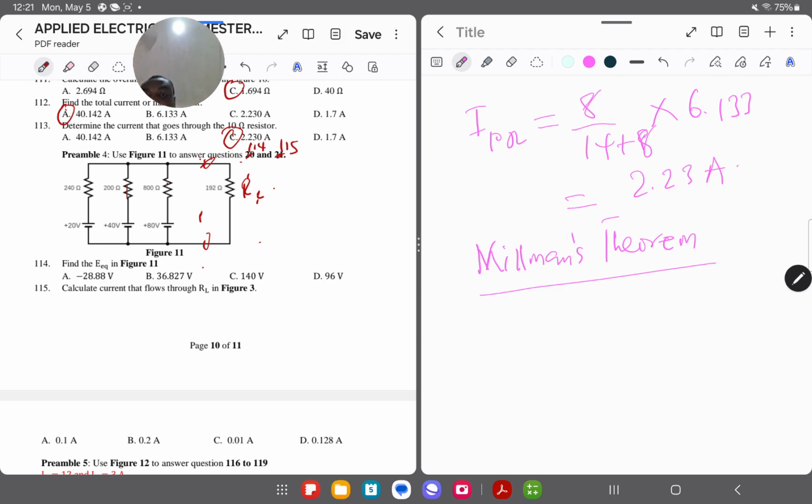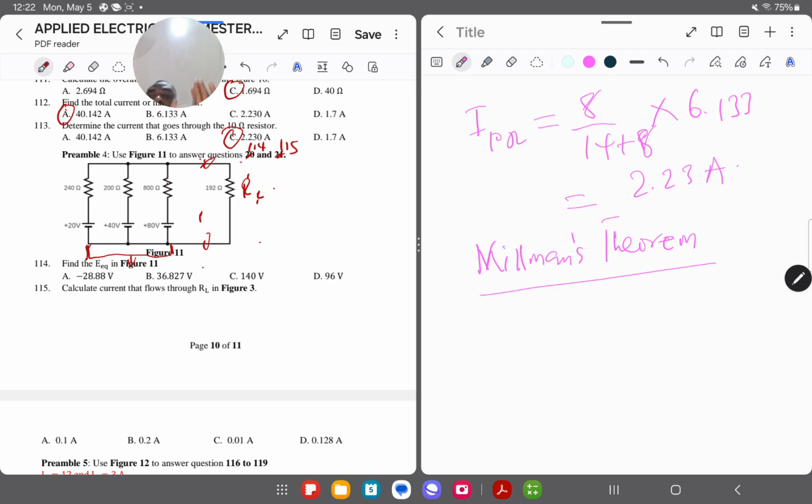Now with this, we are going to get the equivalent voltage. So to continue, since we are using Millman's theorem, we have to get Millman's equivalent circuit. What that means is that where there's this pattern, right? Where there's the pattern is the part that we are going to convert, right?